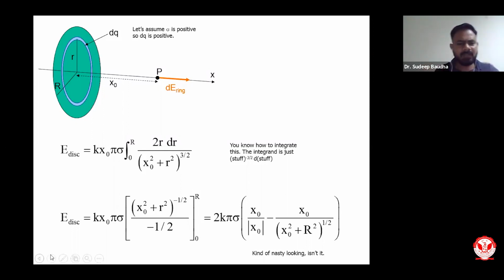So this is what I have done. I have got the electric field component at a point P, which is at a distance x naught from this particular disk, and here I have the final values. It may look nasty, but if you are good at mathematics, I hope you can get all those terms. So I have got the electric field at a point P because of this disk.